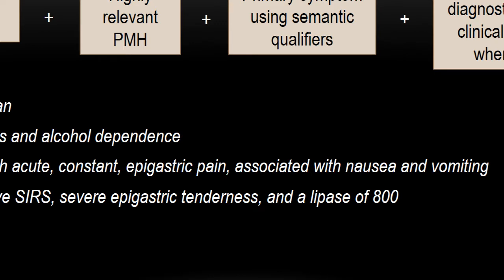A 62-year-old man with diabetes and alcohol dependence presents with acute, constant epigastric pain associated with nausea and vomiting. Epigastric pain is the primary symptom and all the rest were semantic qualifiers. Found to have severe epigastric tenderness and a lipase of 800. These are the highly relevant findings in the patient's data.